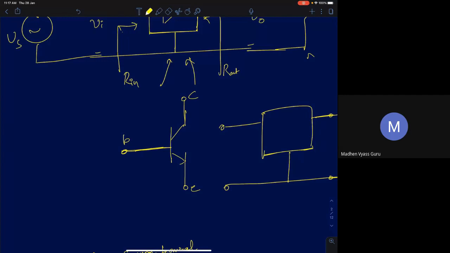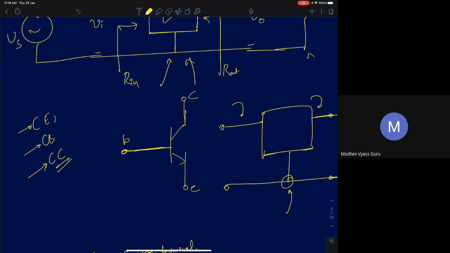So if I pick one terminal as the common terminal, the other 2 terminals can be either input or output. So there are 3 possible configurations: common emitter, common base, common collector.